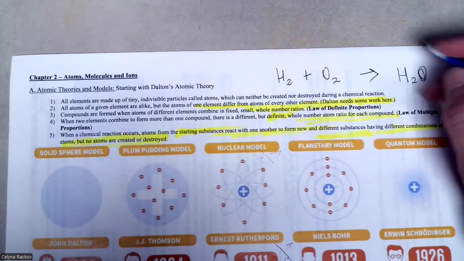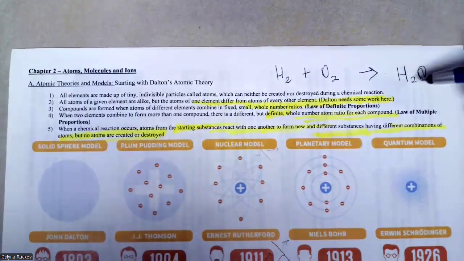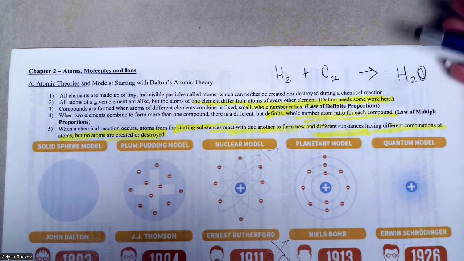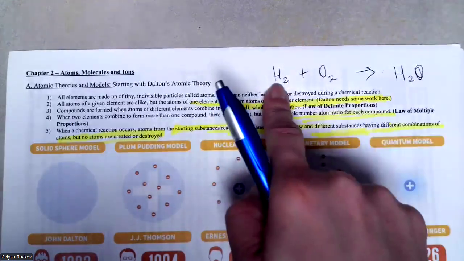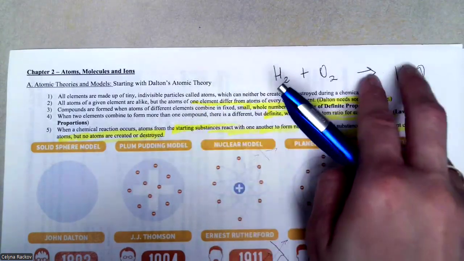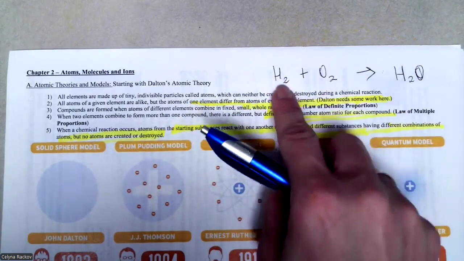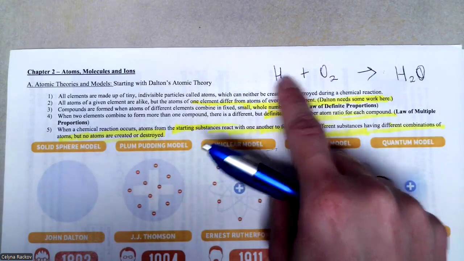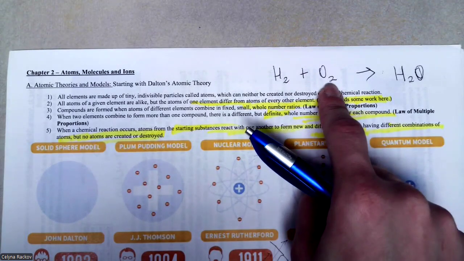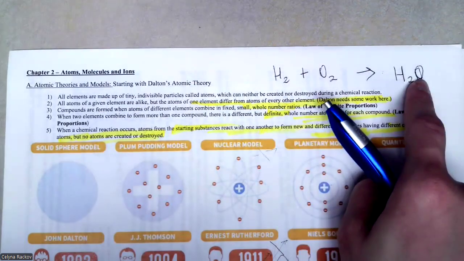And you're soon going to see that when we have a chemical reaction, we need to balance the reactions. Balance means the same amount of each element should be in the reactants and products, right? So here you have two hydrogens, but here you have two oxygens, and here you have only one.